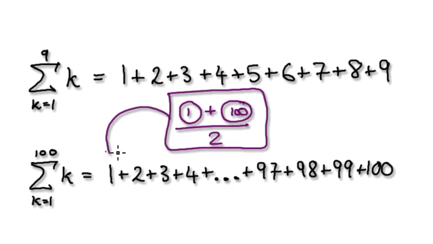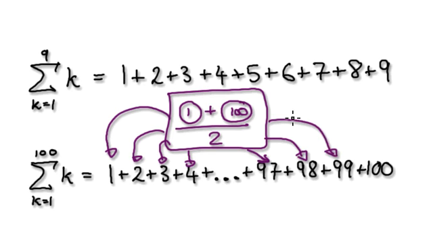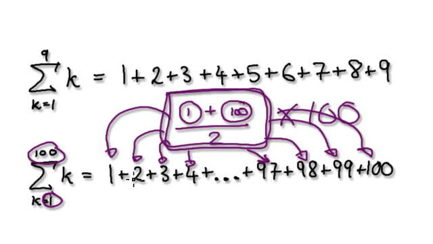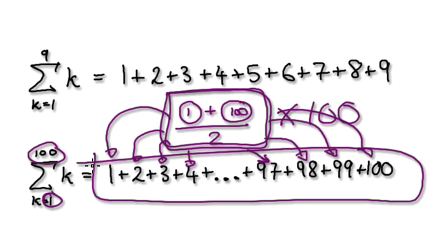So use the average to represent each one of these, and don't forget you've got 100 of these blocks, 100 terms. So you would get the average times 100, and that would give you the sum of everything.